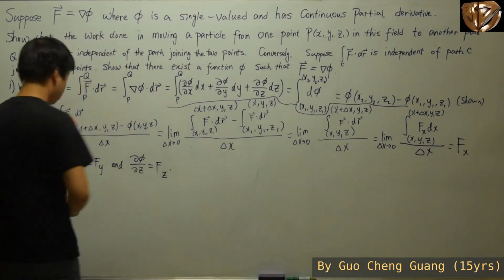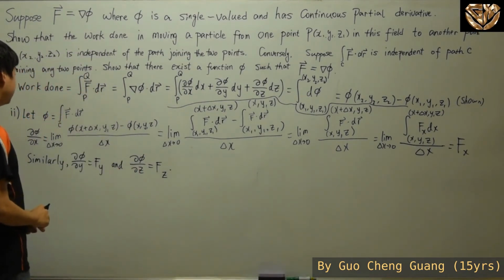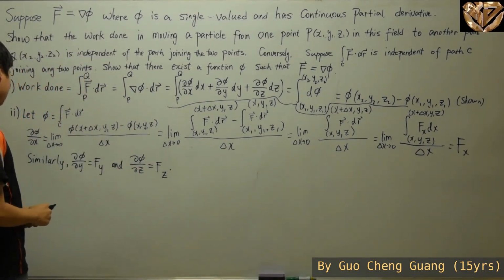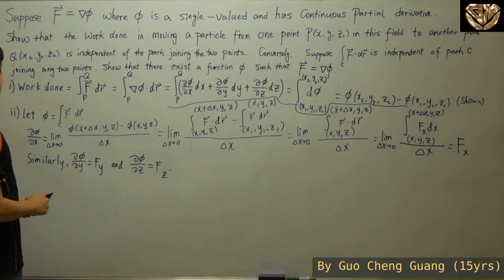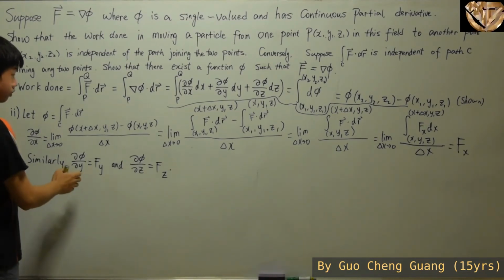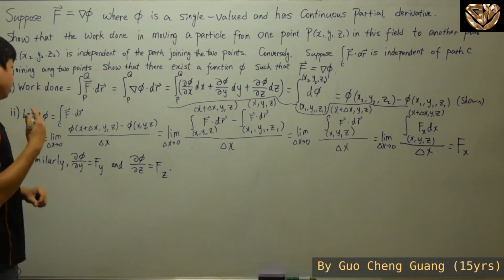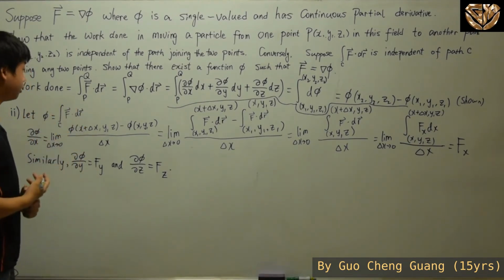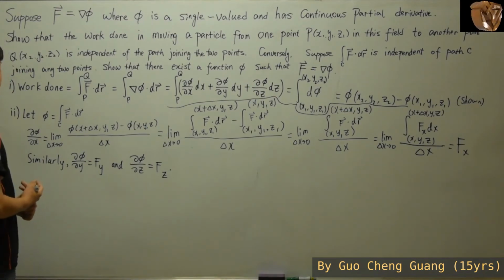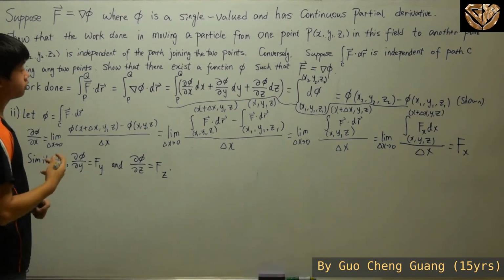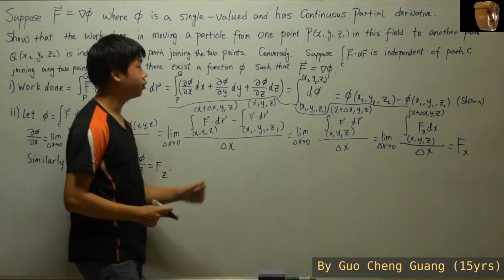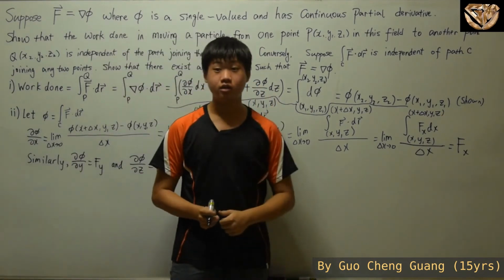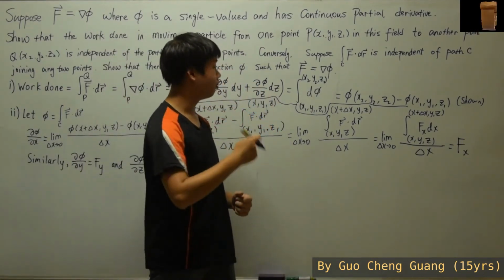Okay, so once again, we can continue to take a look at things around here. Now that we have these three, fx, fy, and fz, what will be so special about this part here? Right now we want to show that the f vector is actually del phi.